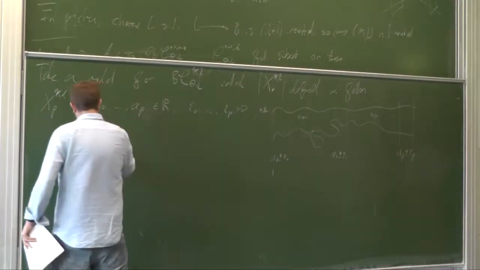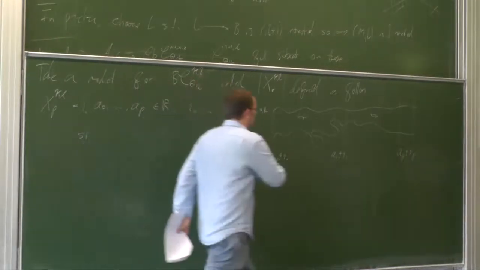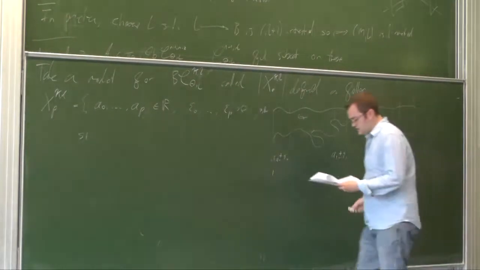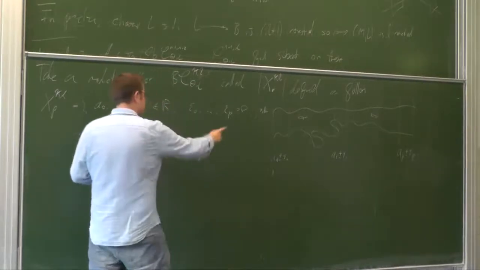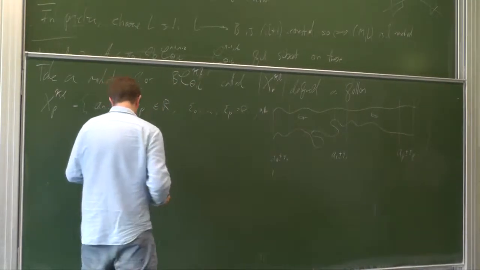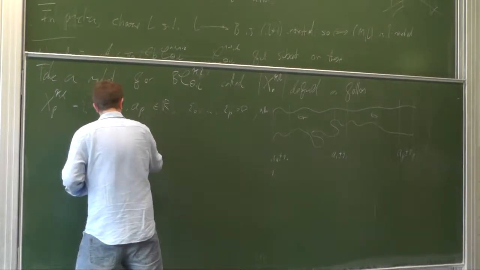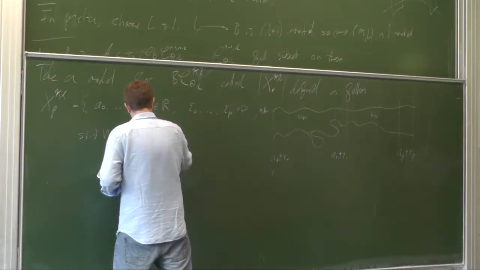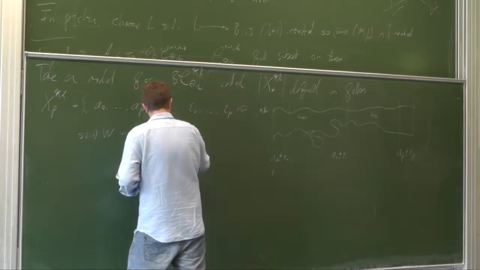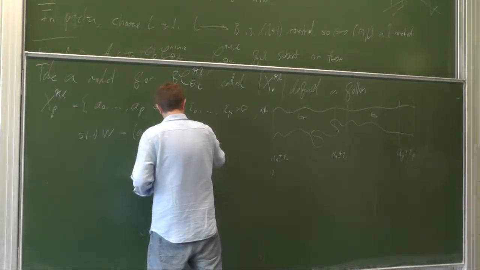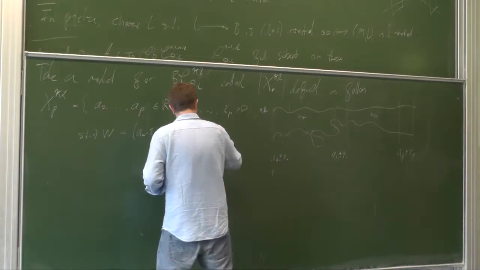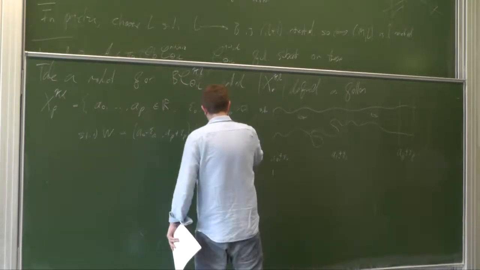Okay, such that various things hold. The first one I've already said is that it's included just in its interval. The second one is that W agrees with A0 minus epsilon 0 to AP plus epsilon P cross L, where it should.